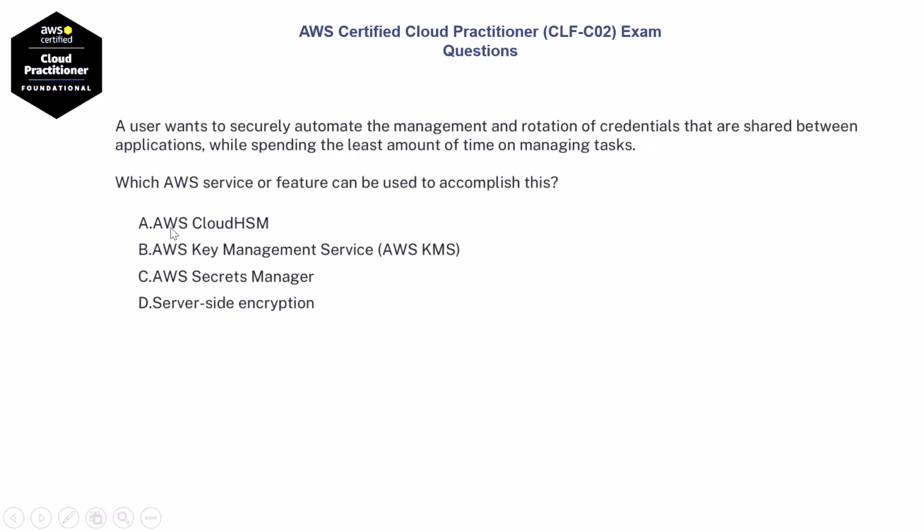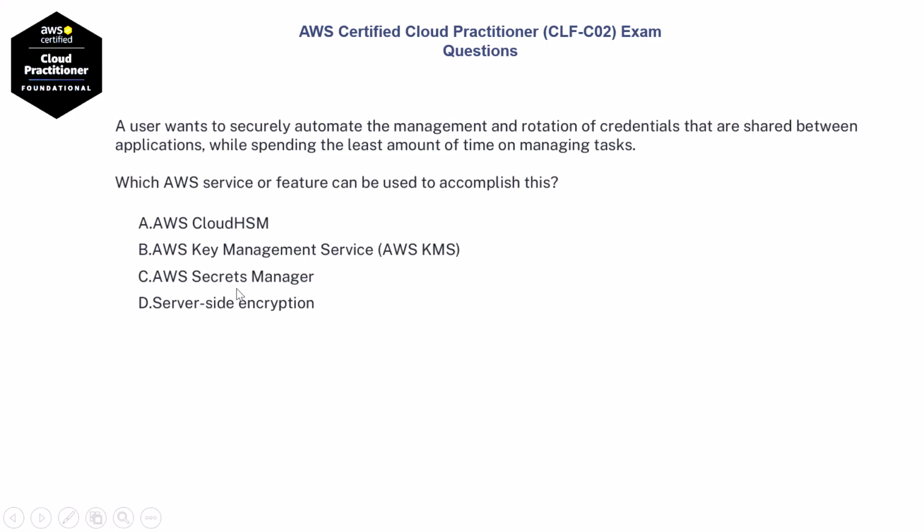Next question. A user wants to securely automate the management and rotation of credentials that are shared between applications while spending the least amount of time on managing tasks. Which AWS service or feature can be used to accomplish this? Option A, AWS CloudHSM. Option B, AWS Key Management Service.